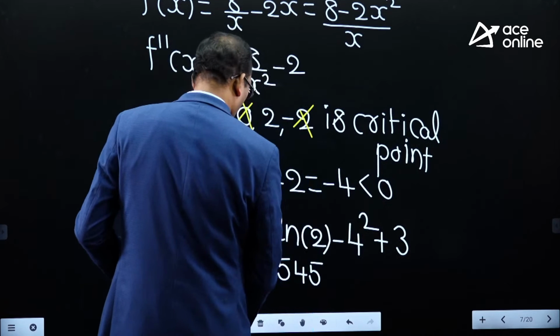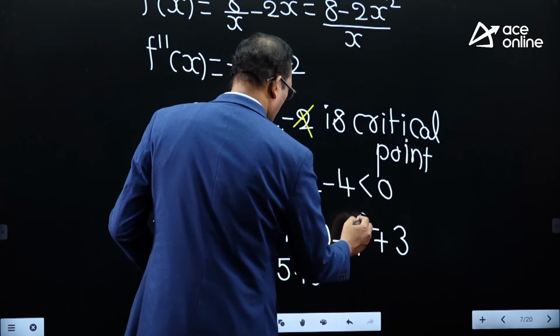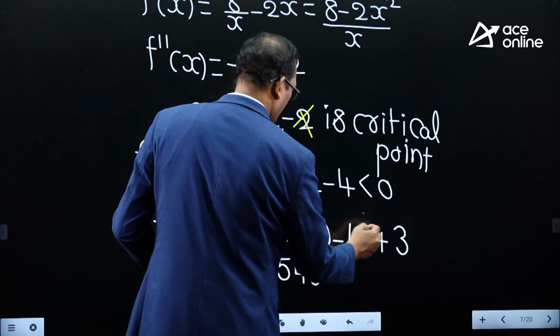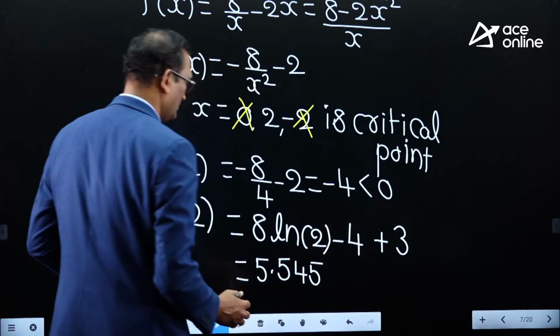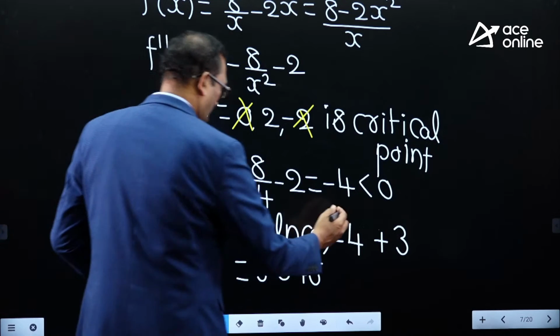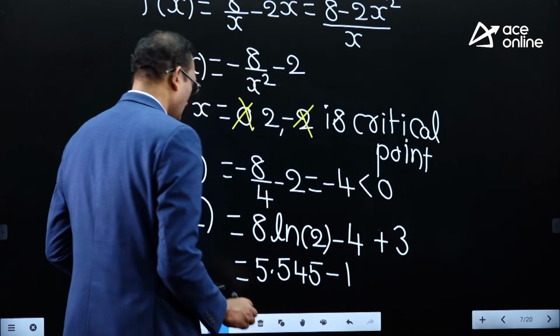So this is only 4, minus x square means minus 4, minus 2 square minus 4, minus 4 plus 3 minus 1.